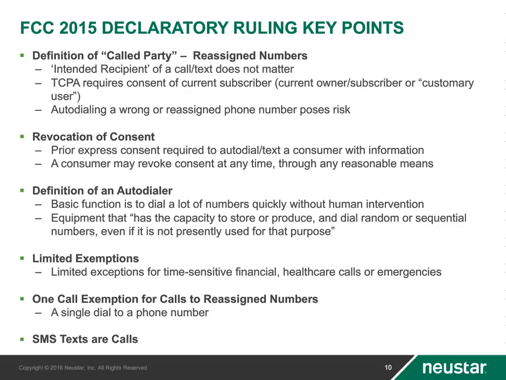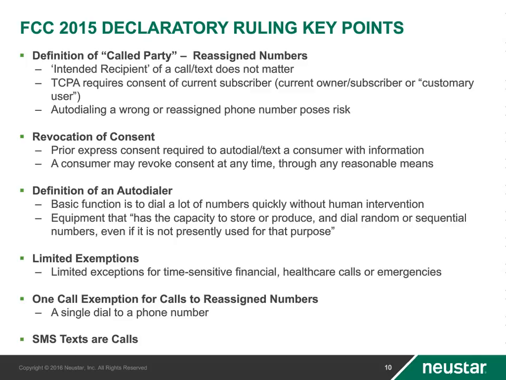The operative word in the definition is capacity, and you look not only to what your calling solution can do at the time of the call, but also what it could do with some modifications.